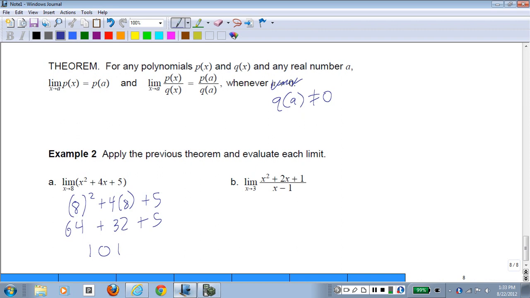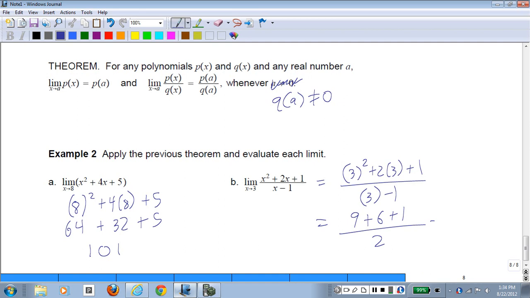For the other one, it's a rational function, and just a quick look at the denominator. 3, when substituted into the denominator, does not make the denominator 0. So we can say this is 3 squared plus 2 times 3 plus 1 over whatever 3 minus 1 does equal. 8. 9 plus 6 plus 1 over 2. 16 over 2 is 8.